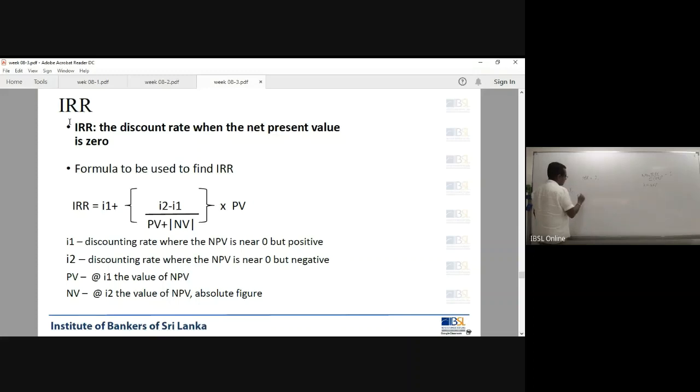This is the example. Then you calculate again with a new one. NPV 2, I 2. Then when you put 2, your NPV would be this.